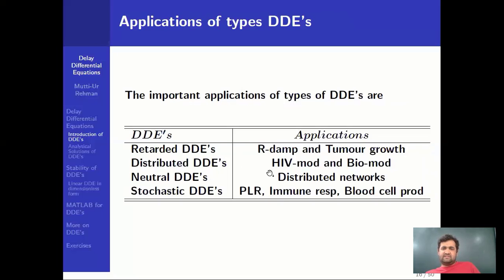Similarly, the modeling of HIV infection and biomodeling. One can use these kinds of delay differential equations. Similarly, for the immune responses and blood cell production, one can use the stochastic delay differential equations.